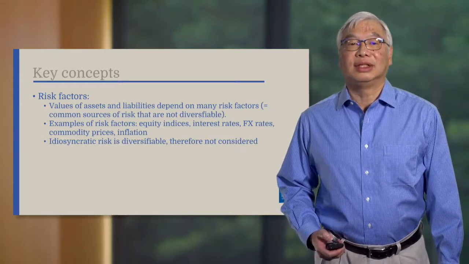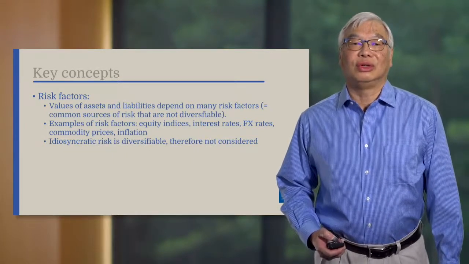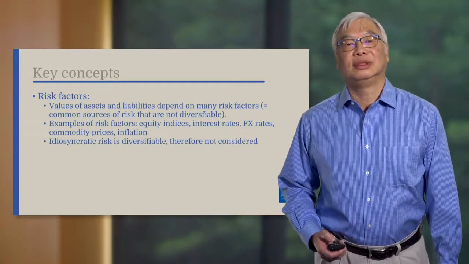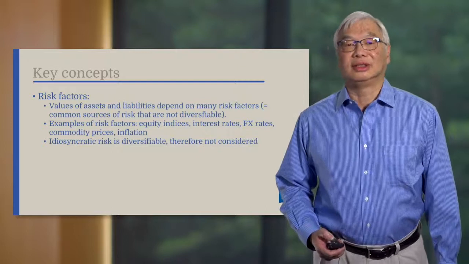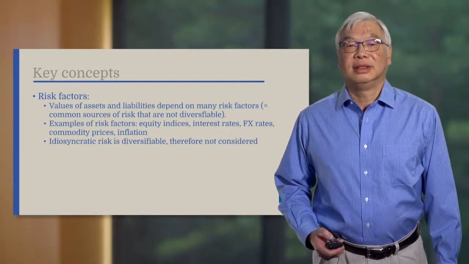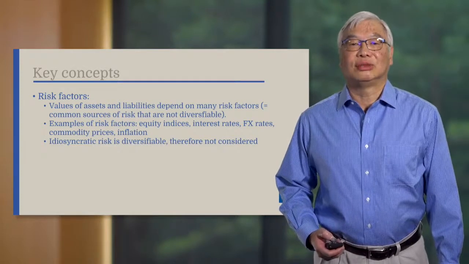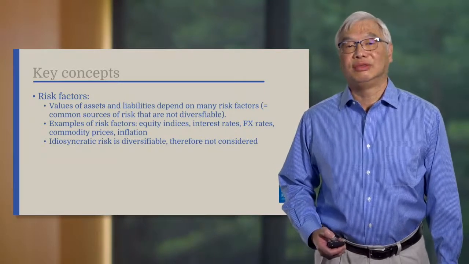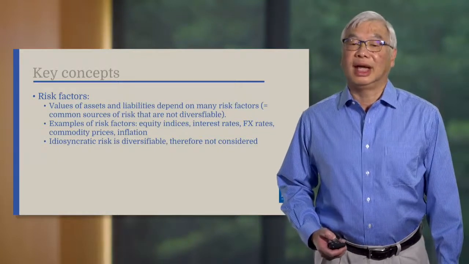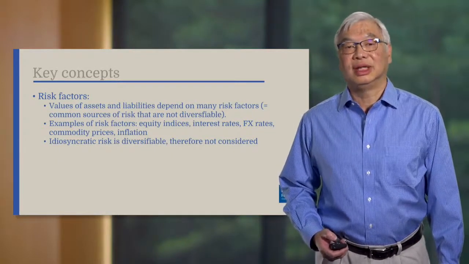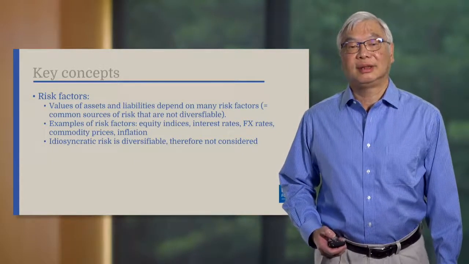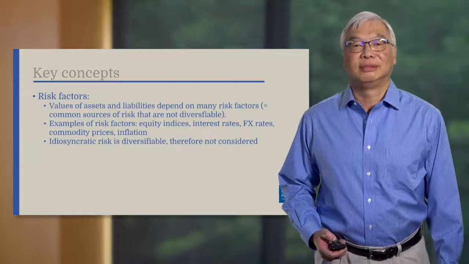Now, in your basic finance course, you also learned that stocks tend to move up and down together in response to economic conditions, such as business conditions and monetary policy. We refer to these common sources of risk using the term risk factors. Here are some examples of risk factors: equity indices, interest rates, foreign exchange or FX rates, commodity prices, and inflation.